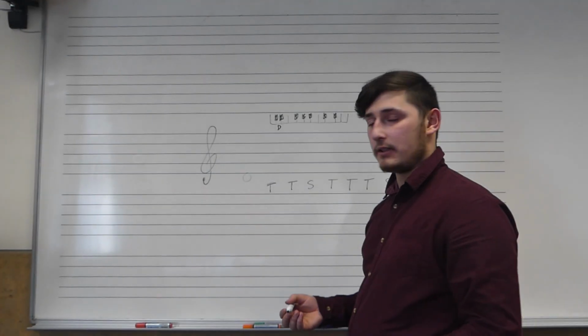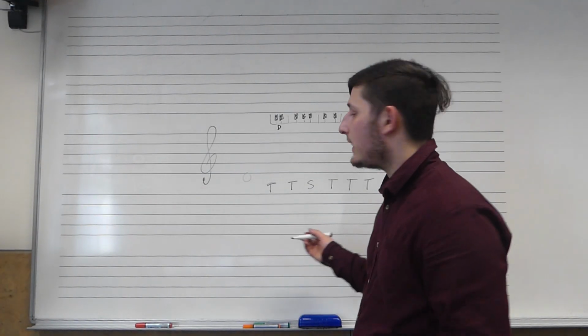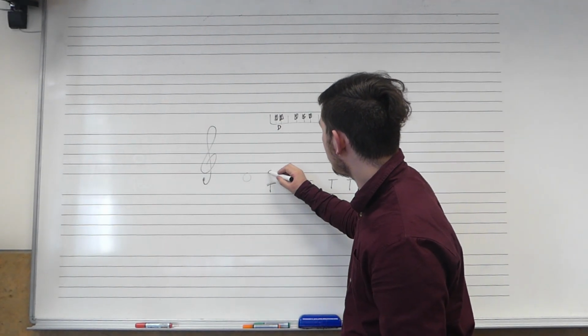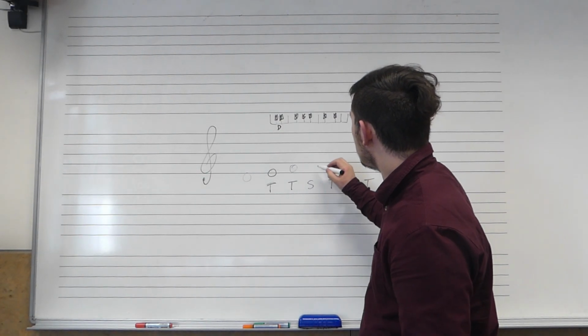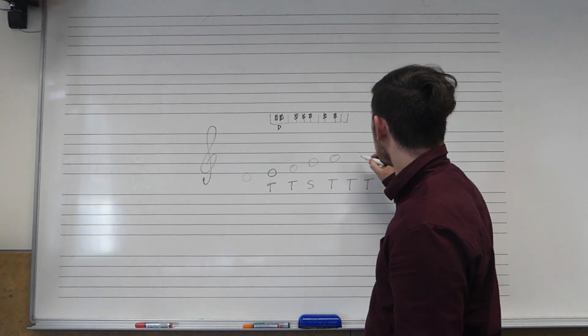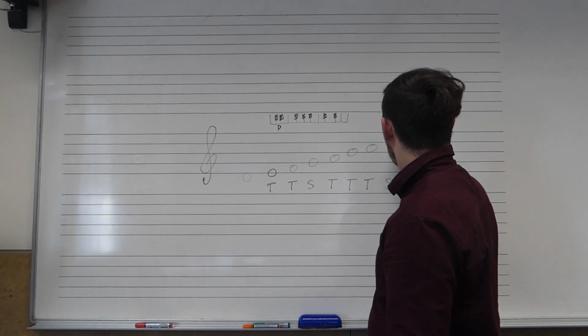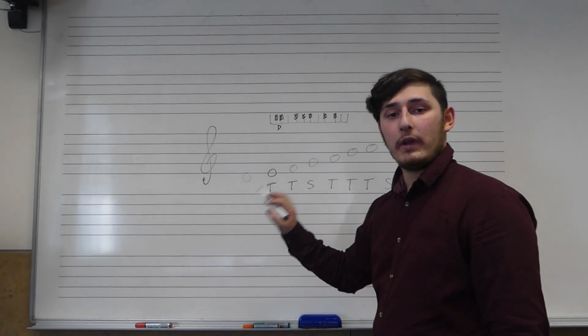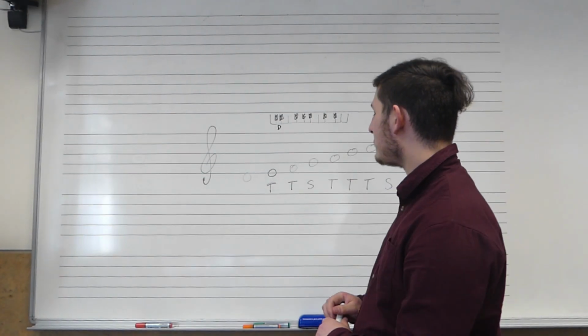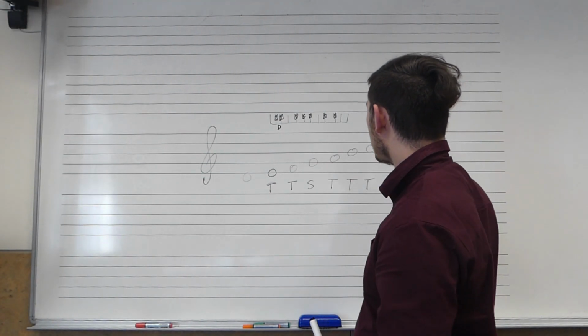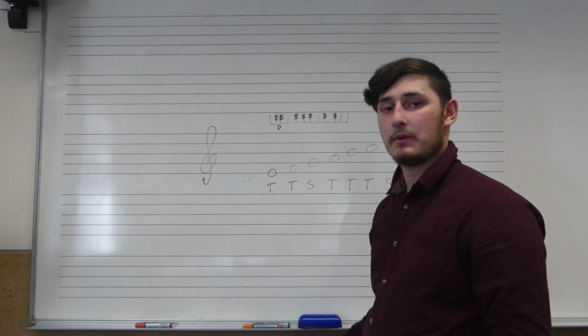Now what you will find with each scale is it will always have the same notes, but the only differences will be where the sharps and the flats are. So for example, in the scale we have an F sharp.